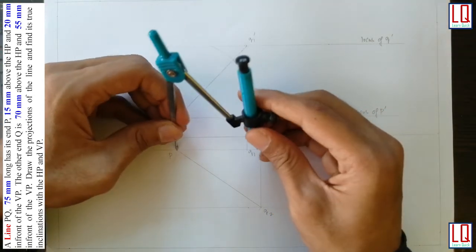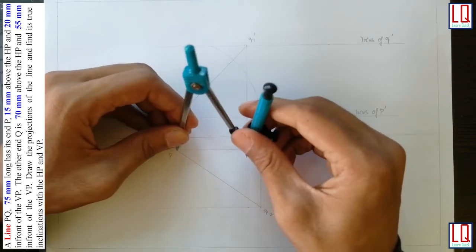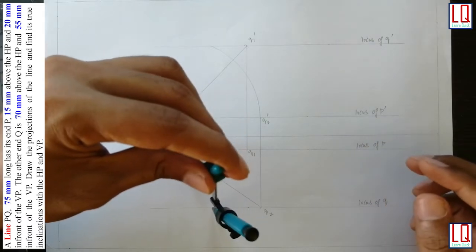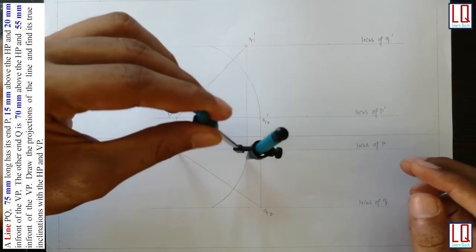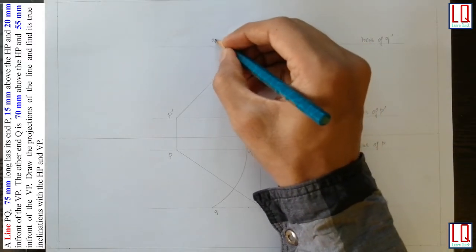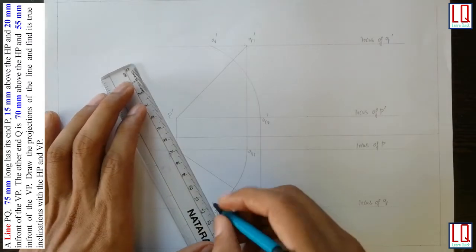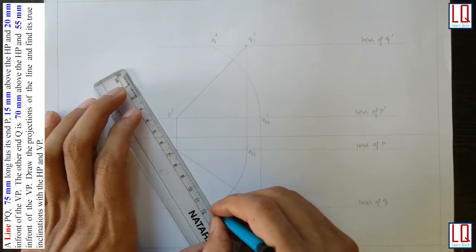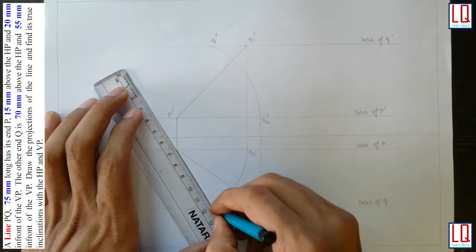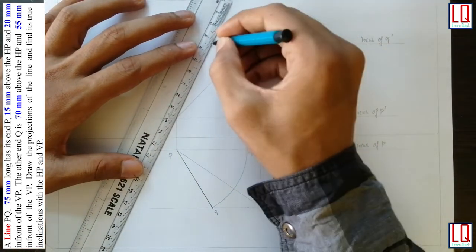Similarly, place your compass in P and measure Q1 and draw an arc to locus of Q. Now name this as Q and Q dash. Now draw the apparent line PQ using your HB pencil. Similarly, apparent line P dash Q dash.